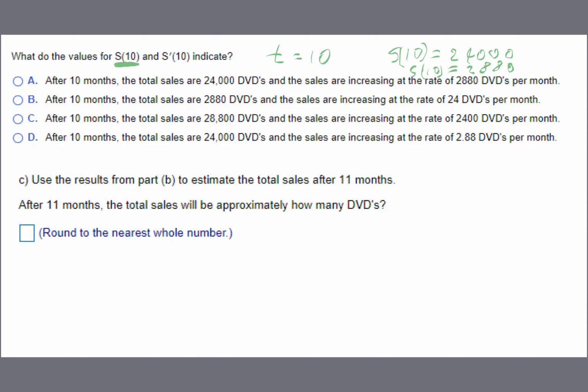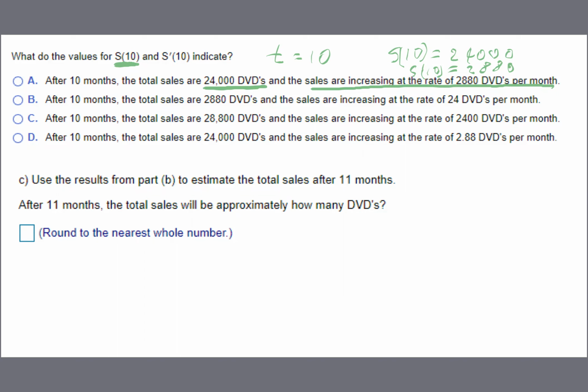Choice A says after 10 months, the total sales were 24,000 DVDs, that's what we found, and the sales are increasing at the rate of 2,880 DVDs per month. This sounds like it, but let's look at the other choices. After 10 months, the total sales is 2,880 DVDs.